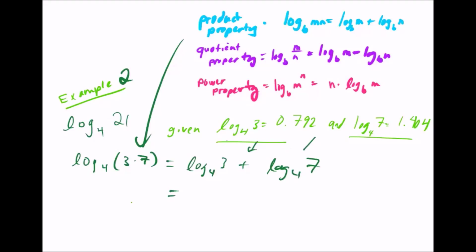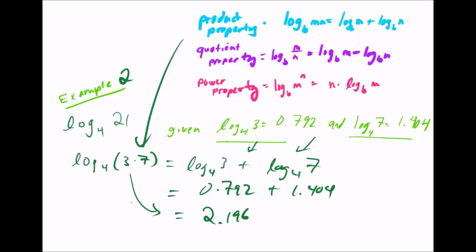Substitute in: 0.792 plus 1.404, which gives us our answer of 2.196. Log base 4 of 3 times 7 is 2.196.